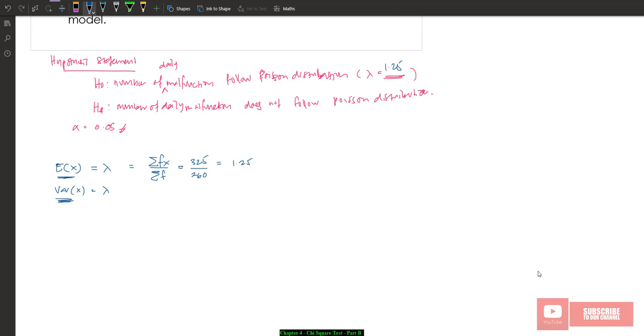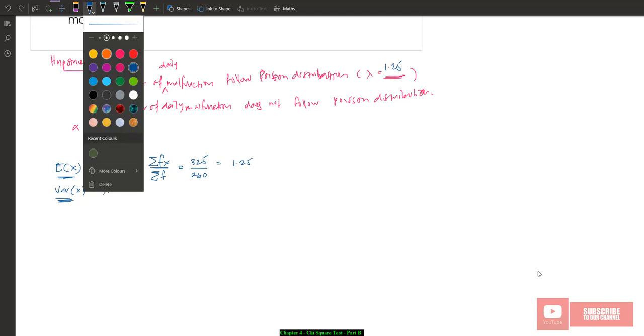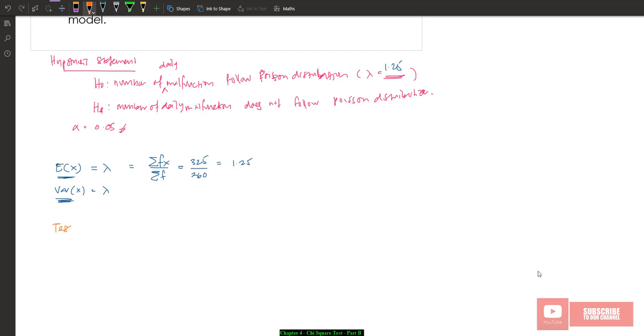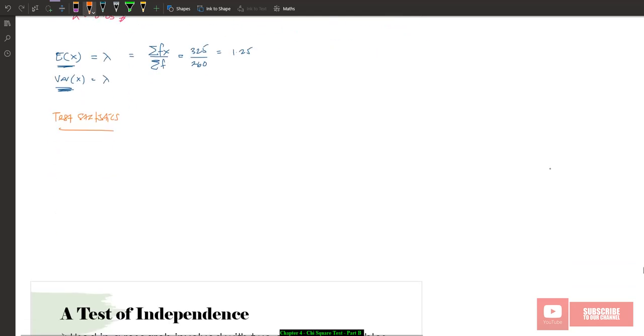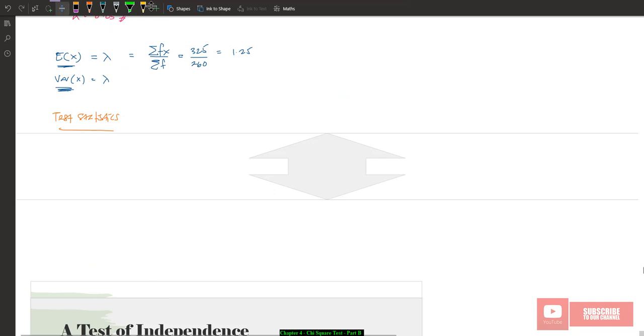Now the next step is we need to find the test statistic. As usual, we should have a table. Let me create a table first.